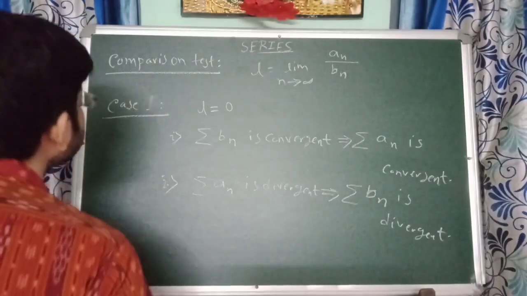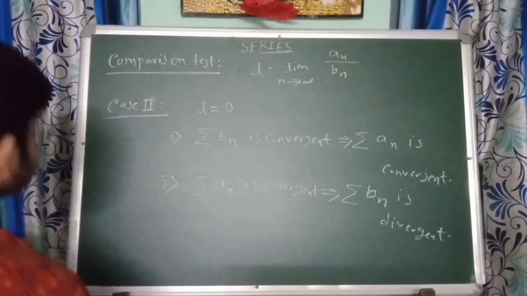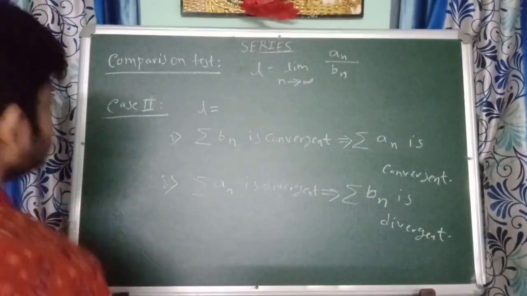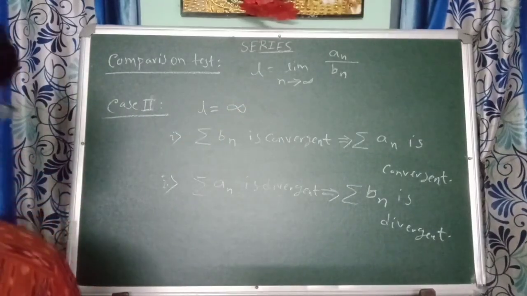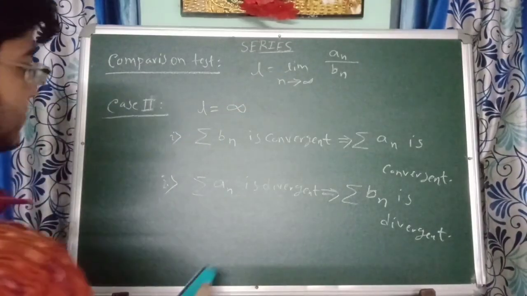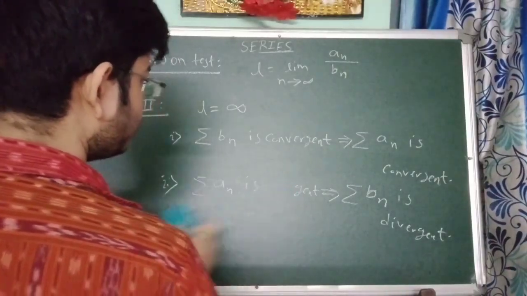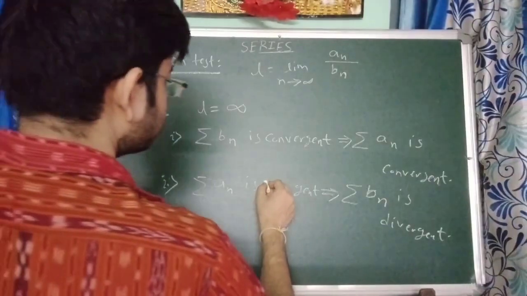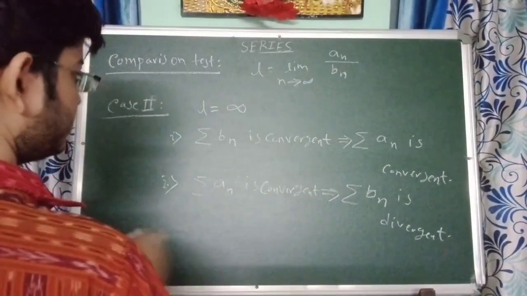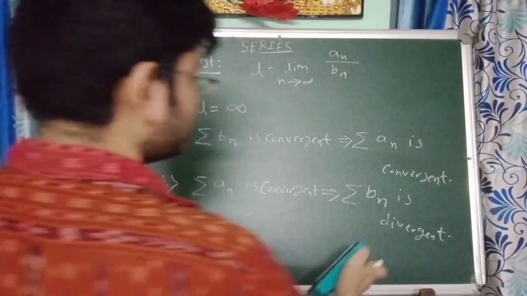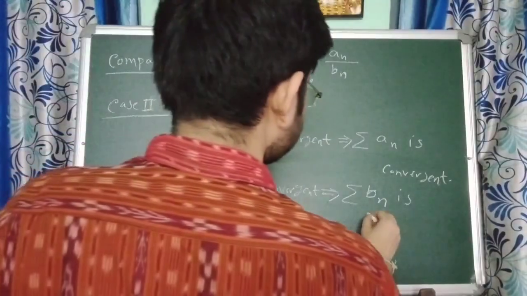Case number 2, when L is infinity. So in this case, when summation a_n is convergent, this implies that summation b_n is also convergent.